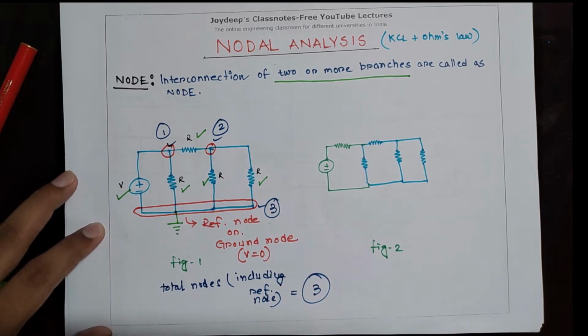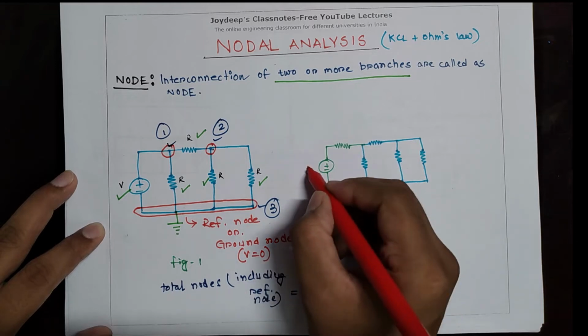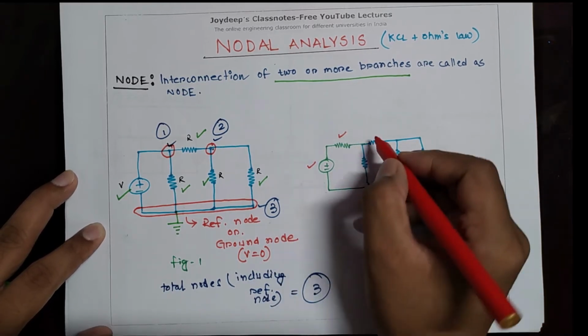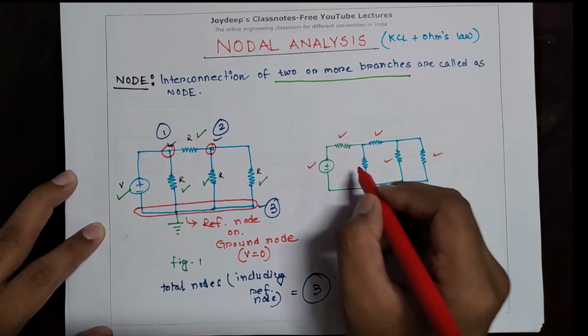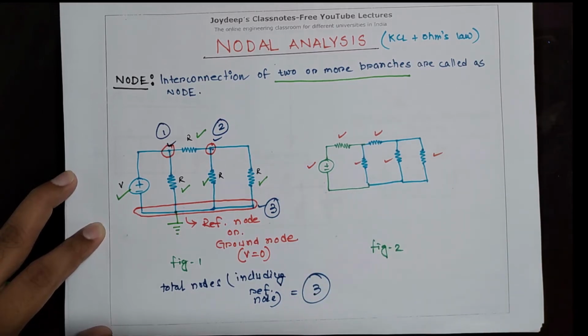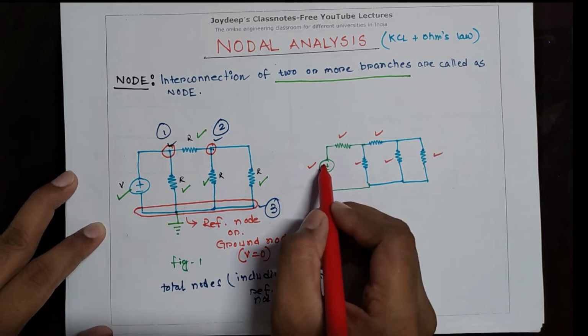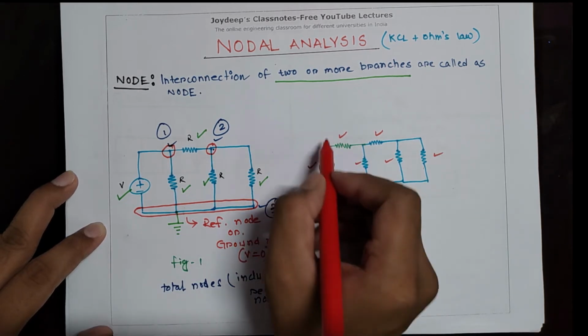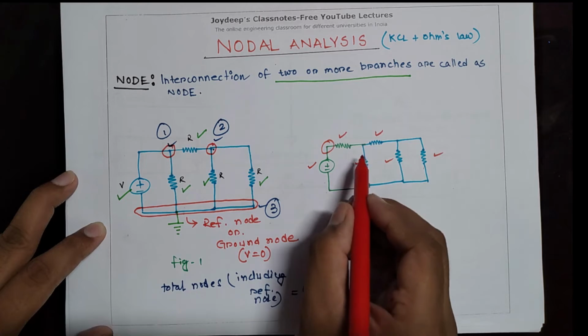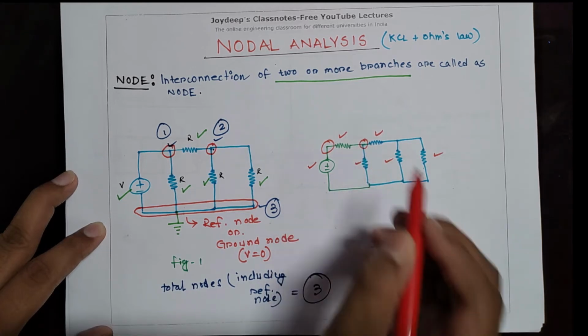What about this circuit? In this circuit, this is a circuit element, circuit element, circuit element, and so on. Now identify the nodes. Interconnection of two branches, that's a node. Interconnection of 3 branches, that's a node.